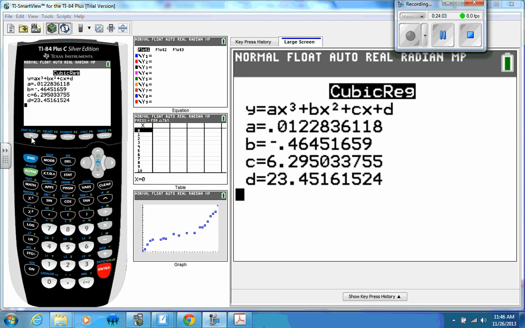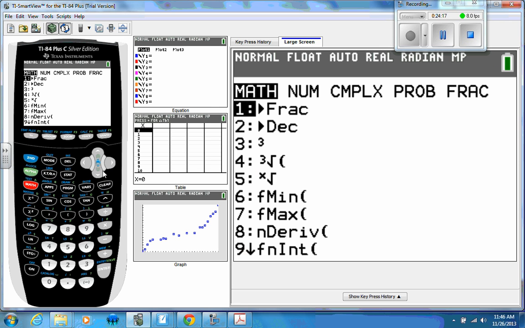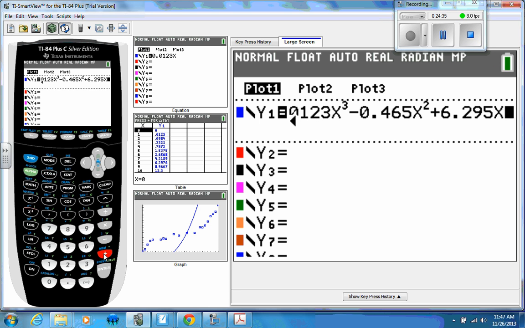So if I go to y equals and I put that into the plot, I can actually see what my graph looks like and if my scatter plot makes sense. Once again, you find the cubic in the math button on 3. X squared plus 6.295 x plus 23.45.